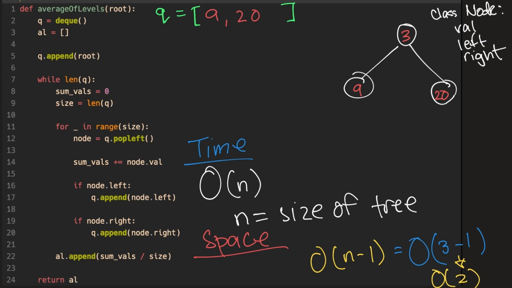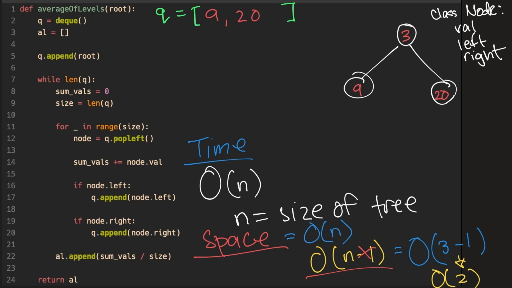So in the worst case, we would need to store O of n minus 1 nodes in our queue. In big O, we ignore constants, so we don't need to think about this minus 1. So our space complexity is actually equal to O of n as well.